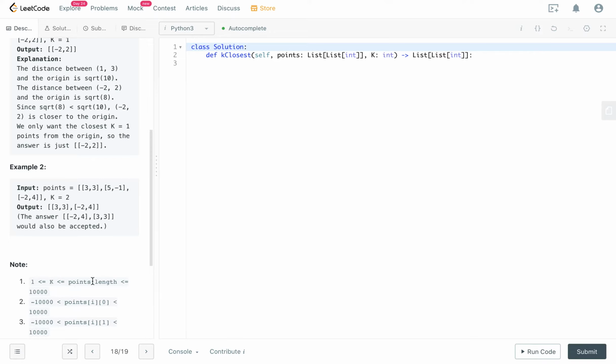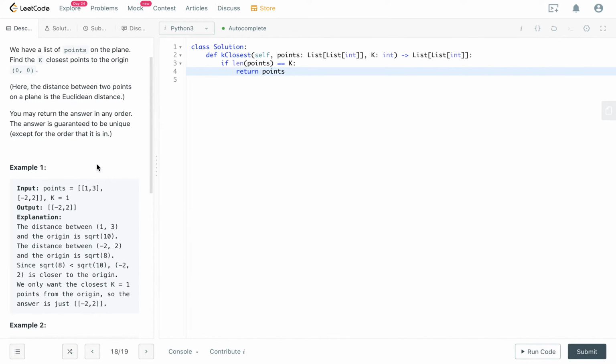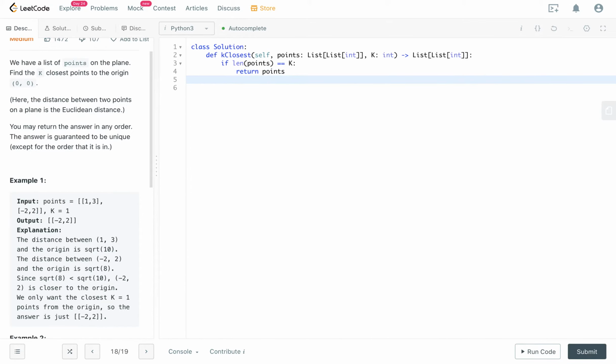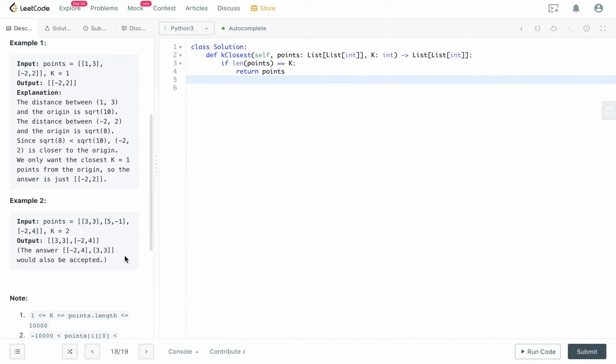So if the length of points is equal to k, we don't need to sort or anything. We just need to return our original points, and it says that it doesn't have to be sorted, right? So it can be any order. Otherwise, it's different.